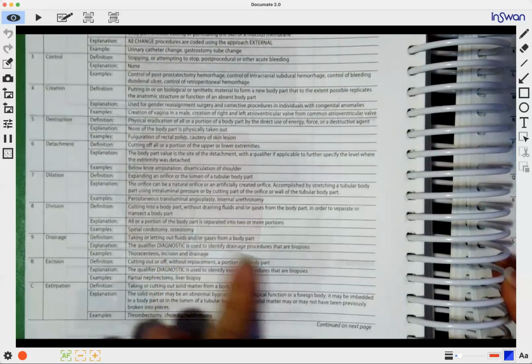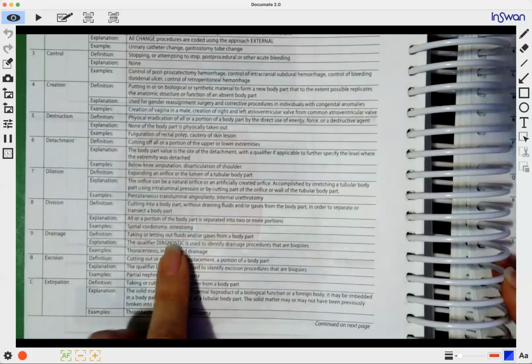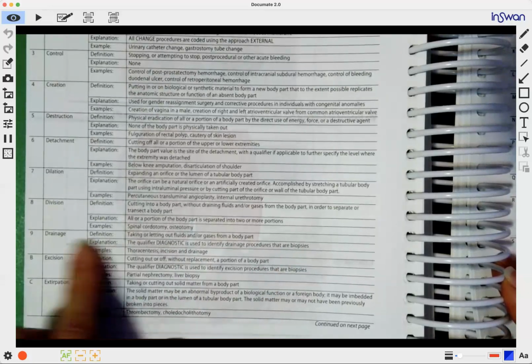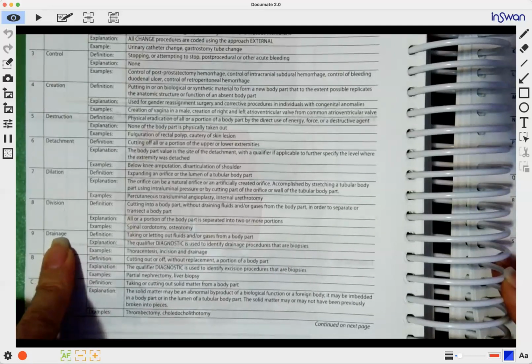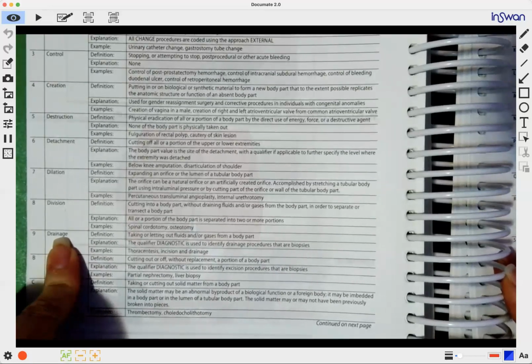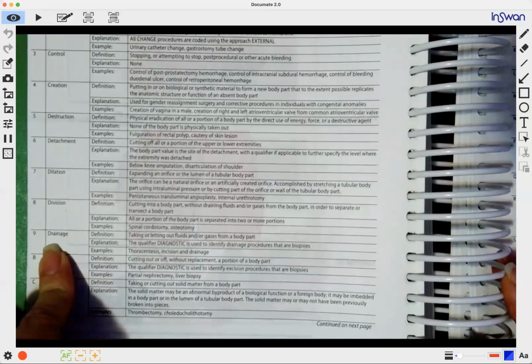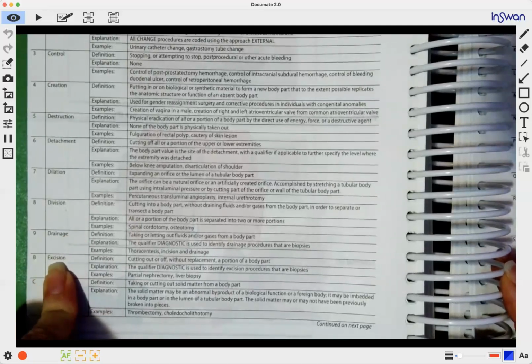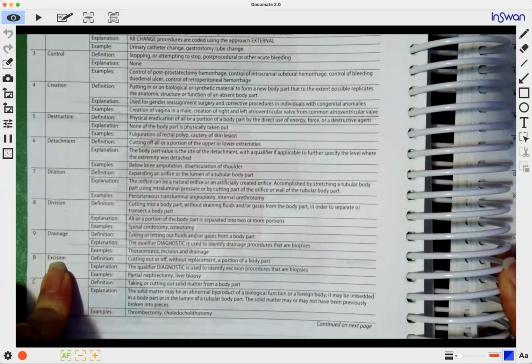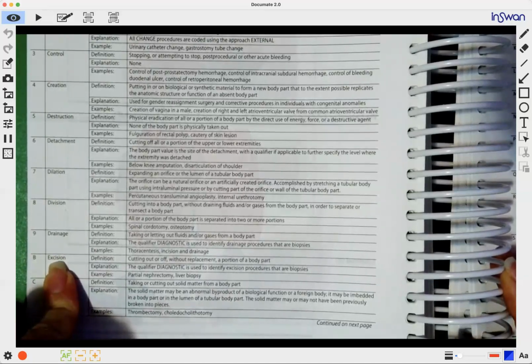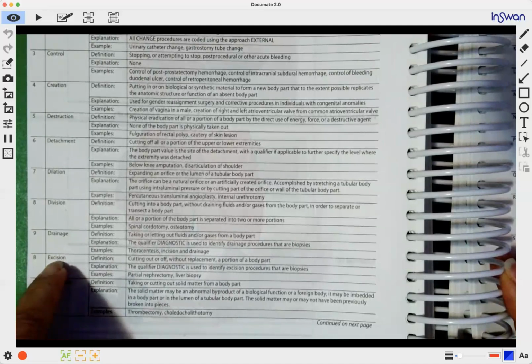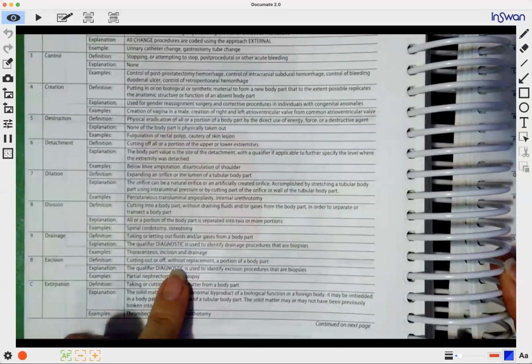So any biopsies will have the qualifier of diagnostic. So for drainage, they could send the fluid over to pathology for diagnostic purposes. If they took a biopsy or a sampling, so say they did a liver biopsy, or maybe they had a nodule that they biopsied or something like that. Anytime biopsy is used, it's going to be a diagnostic.